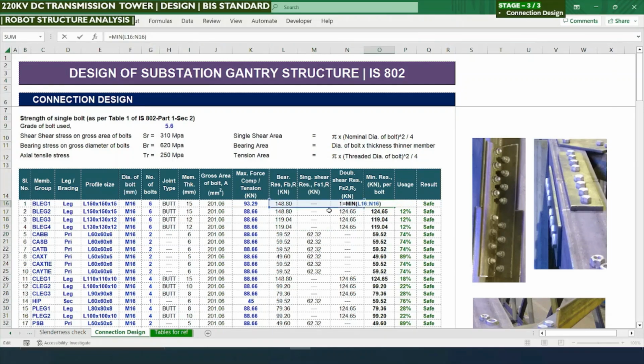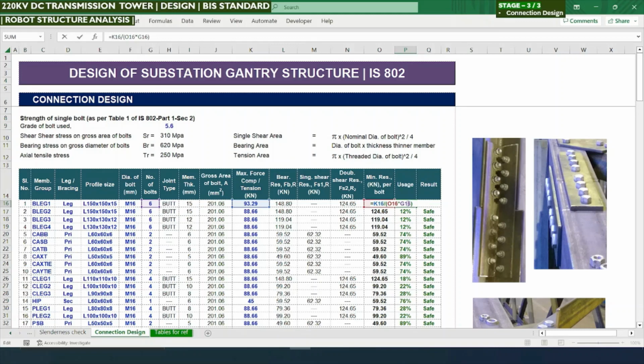And here the minimum capacity is considered among the bearing capacity, single shear or double shear capacity, and finally this minimum capacity resistance is checked with the actual compression or tension forces.